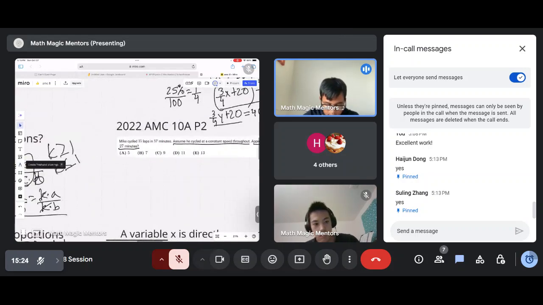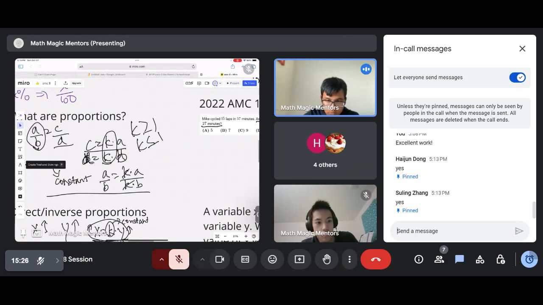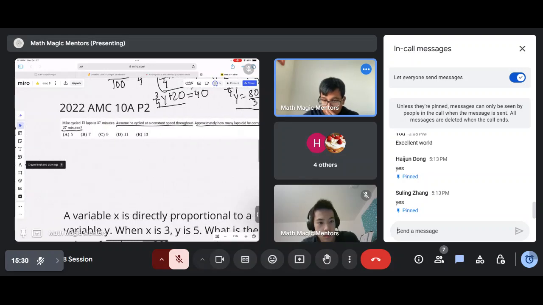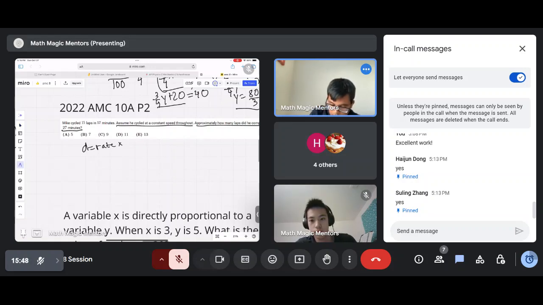So just like as we discussed here, when two ratios are set equal to each other, right? Can two ratios be set equal to each other in this problem? Well, remember what Daniel covered in the first or second session about d equals v times t. So that's distance equals rate times time, right?